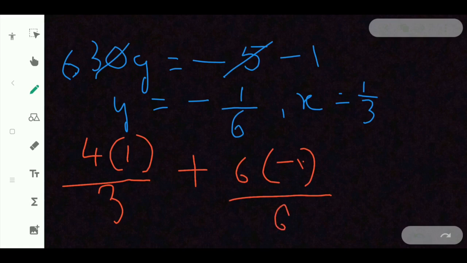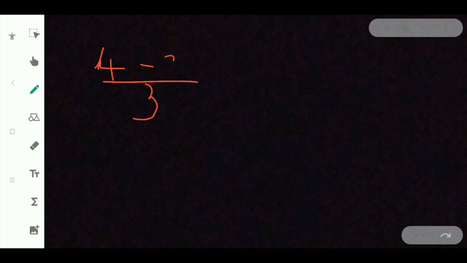So we are getting 4 by 3 minus, here the 6 and 6 are cancelled, so it is coming minus 1. 4 by 3 minus 1, the LCM is 3, and 4 minus 3, which is equal to 1 by 3.